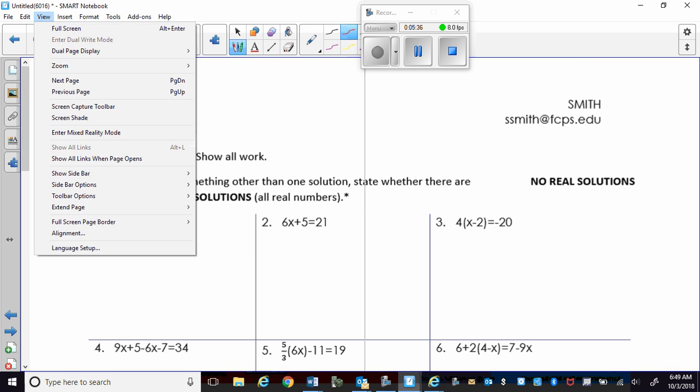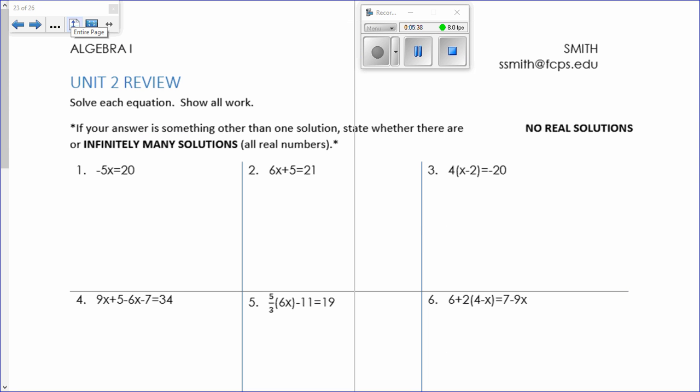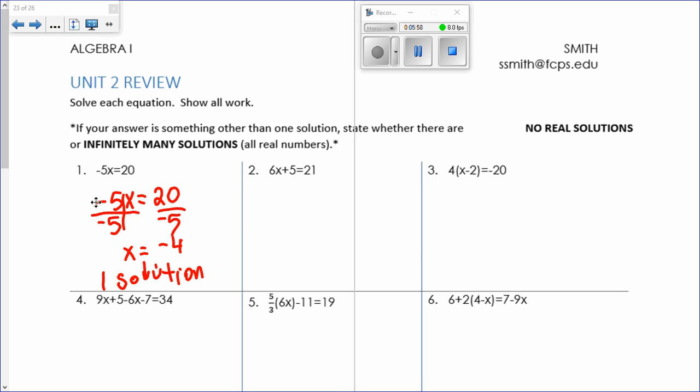So the first problem is fairly simple. This just says negative 5 times x equals 20. Divide both sides by negative 5. We find that x equals negative 4. This is one real solution. Okay?